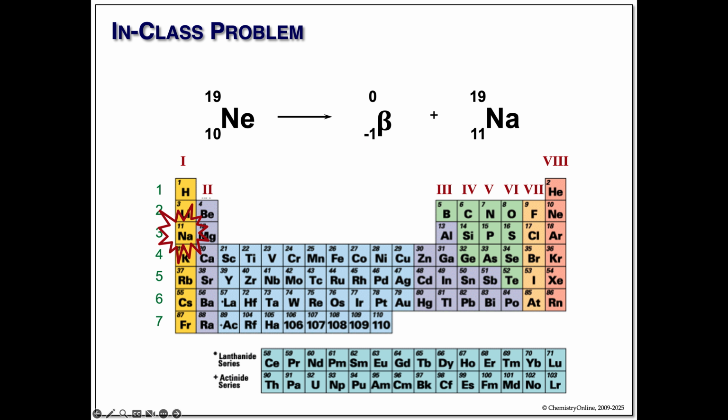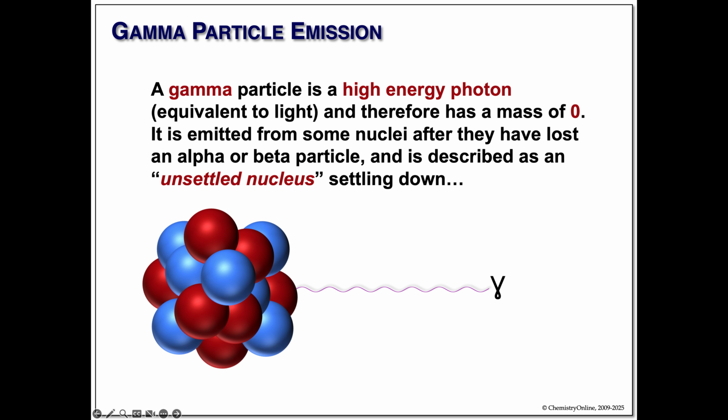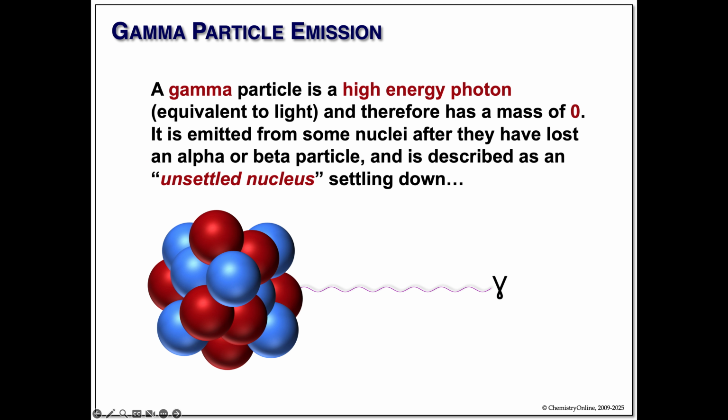All right, how about a gamma? Gamma basically comes when the nucleus gets excited, either by collision, near collision, being heated, whatever. It loses its energy, and when it does, it loses it in the form of a photon, a high energy photon, which we call a gamma particle.